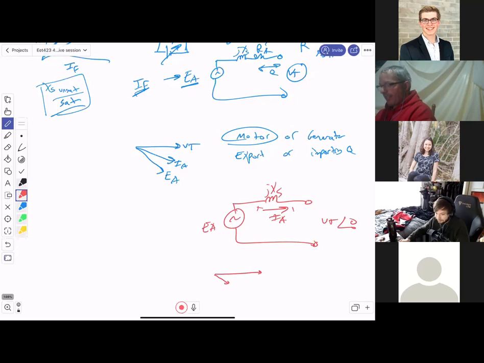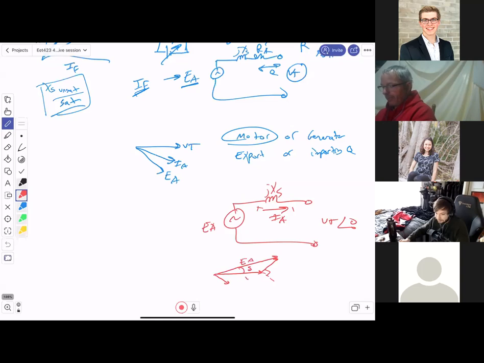The jXS that I would have gives me the 90-degree phase shift, because this is actually what XS times I would be equal to. Then I just rotated 90 degrees because of the j term. Because of that, I have a positive delta.